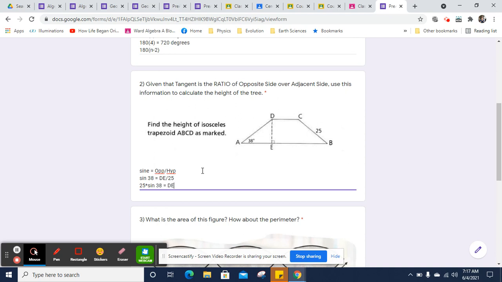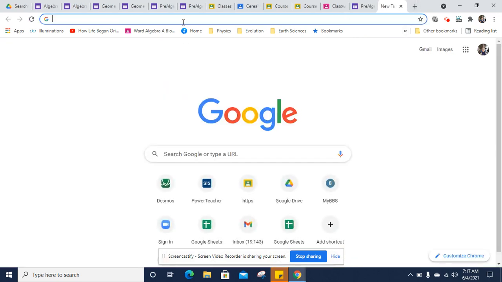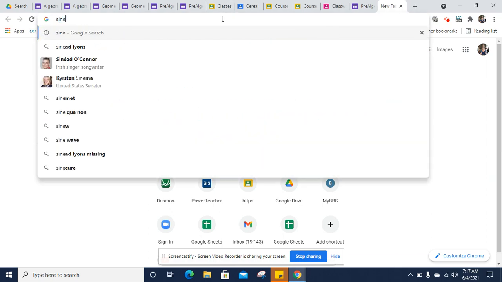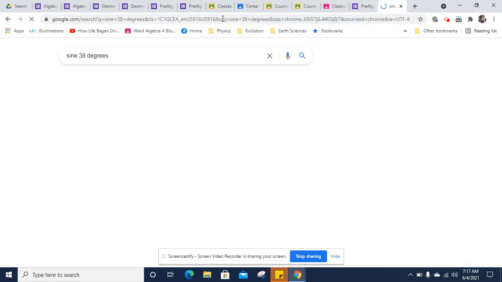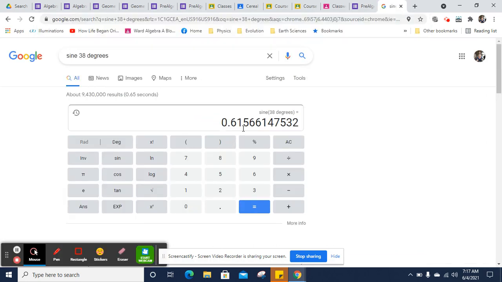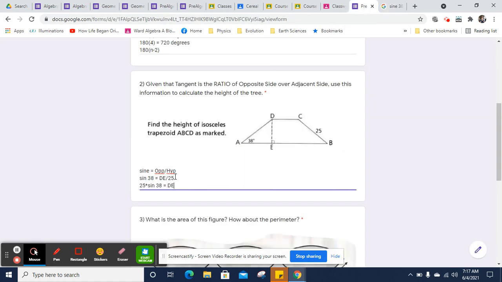So let's figure out what is the sine of 38. And I'm going to go to a calculator for this. You could, of course, go to your table on this. So sine of 38 degrees is 0.6156. So we're going to call it 0.6157, okay, when we round it, and then we're multiplying that times 25.